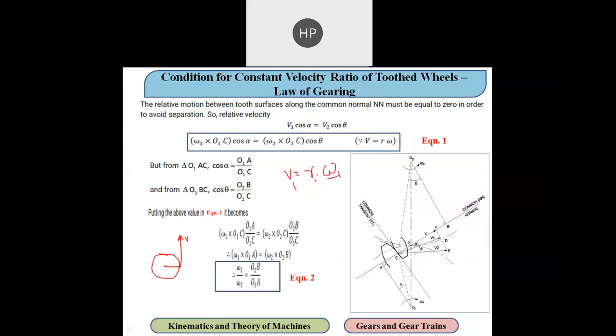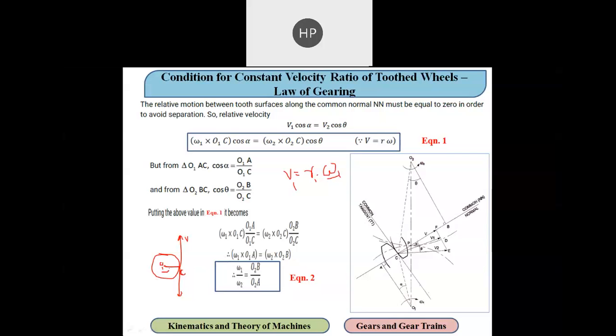So this is O1C, suppose this is O1 and this is point number C. Now how can we get the velocity? We can get the velocity either in this direction or in this direction. Which direction we have to take depends upon the rotation.